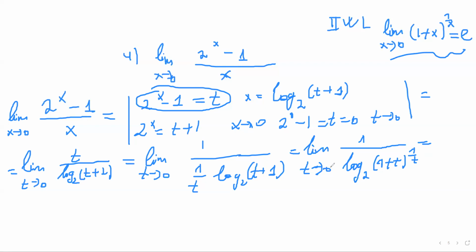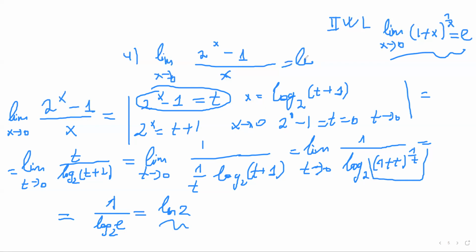If we place this limit inside, then we are going to get 1 out of logarithm base 2 of e, because when t tends to 0, this part gives e. With some simplification, 1 out of logarithm base 2 of e is the natural logarithm of 2. So the answer here is natural logarithm 2.